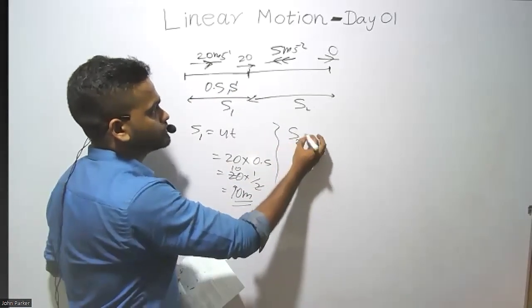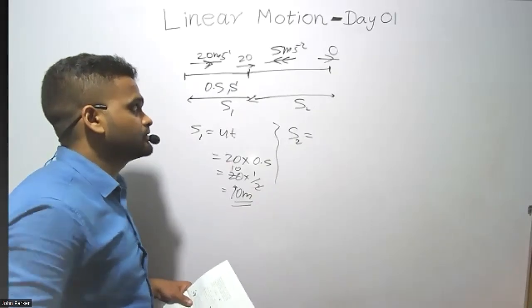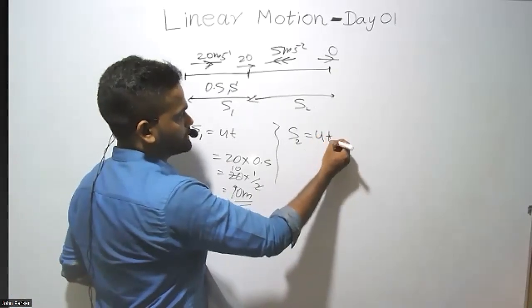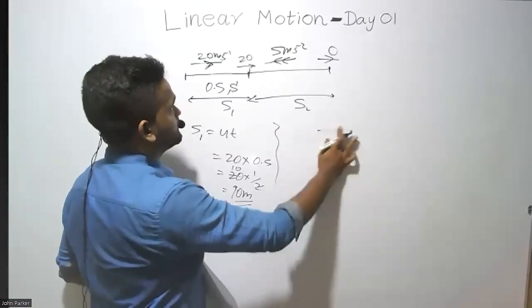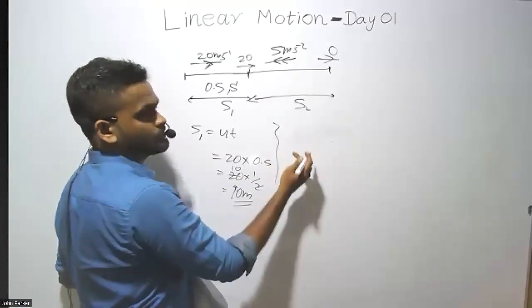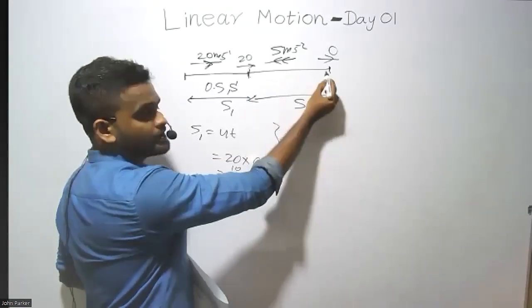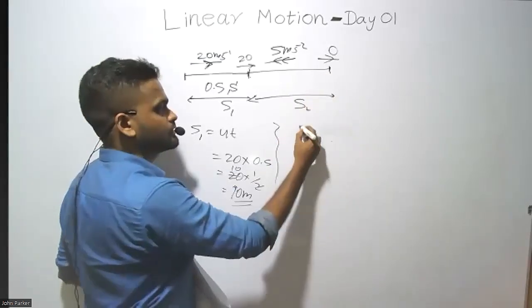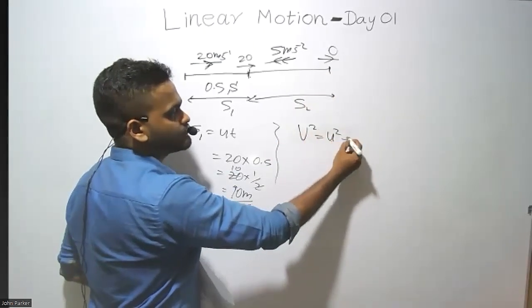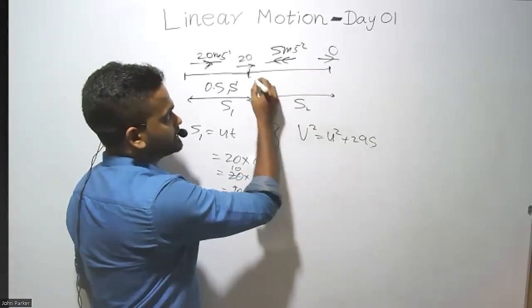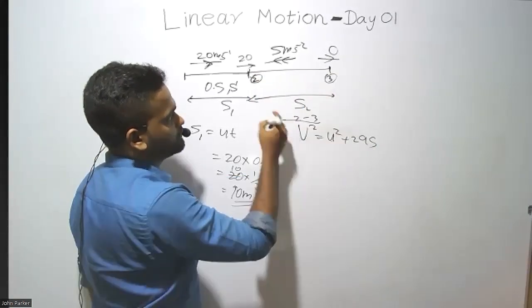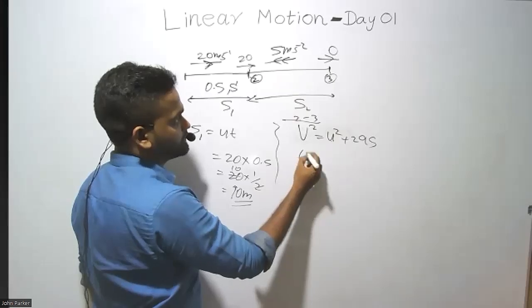Then find S2. To find S2, you can use this equation, ut plus... Or else, since you don't know the time, from here to here you don't know time. So this is the equation without any time: v squared equals u squared plus 2as. This is from 2 to 3, right? Final velocity is 0.